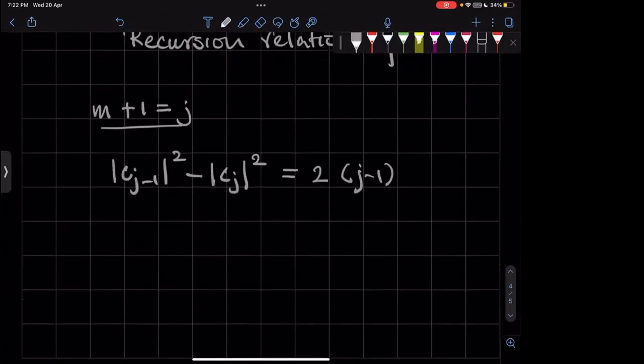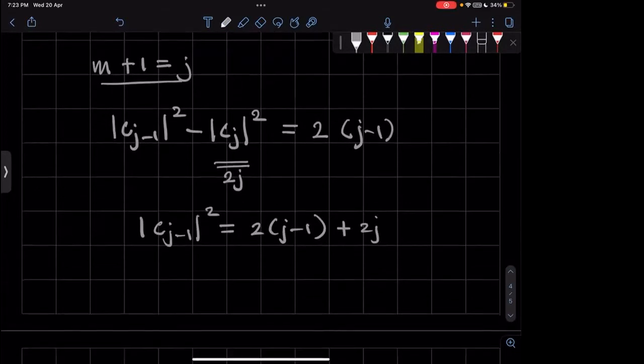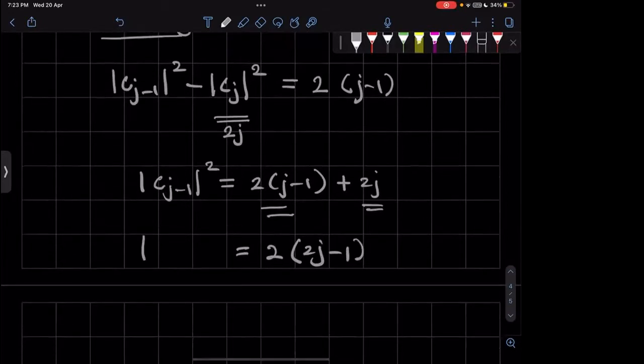Now we know what cj squared is. We don't know exactly what cj is. Then cj minus 1 squared becomes, this is 2j, right? So this becomes 2j minus 1 plus 2j. So here we see that there are 2 factors of 2j. So we can write this as 2 times 2j minus 1. So this gives us the mod of cj minus 1 squared.